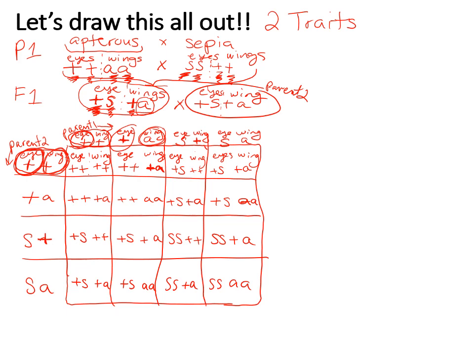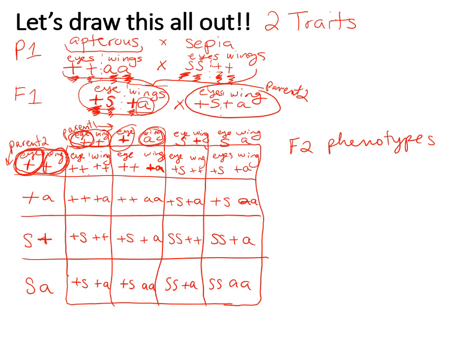And then what we do is we map out for the F2 the different phenotypes. And again, phenotypes are what you see. So you can see 4 different types of flies when it comes to a dihybrid.